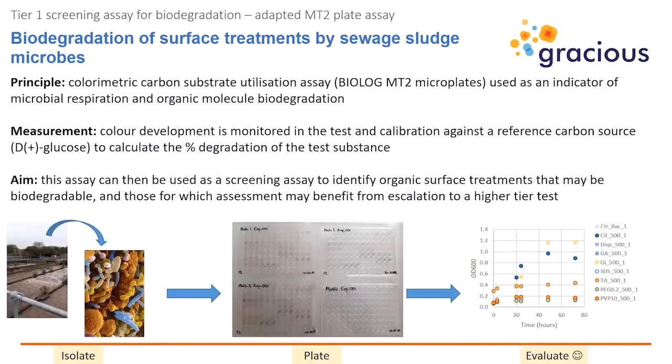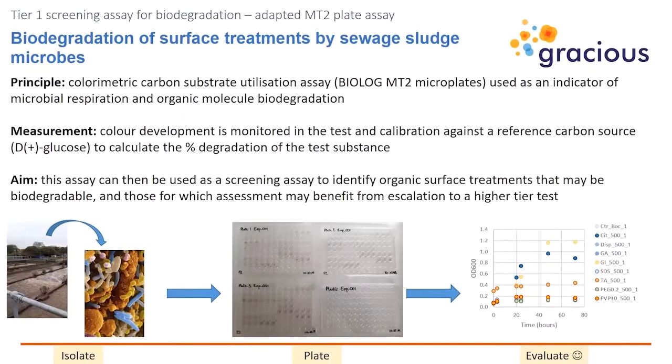So the principle behind the tests that we've developed and optimized at UKCH is that we take the MT2 Biolog microplates, and this is a colorimetric carbon utilization assay in which we inoculate our plates with microbes isolated from sewage sludge, and then we introduce our test substances as well.